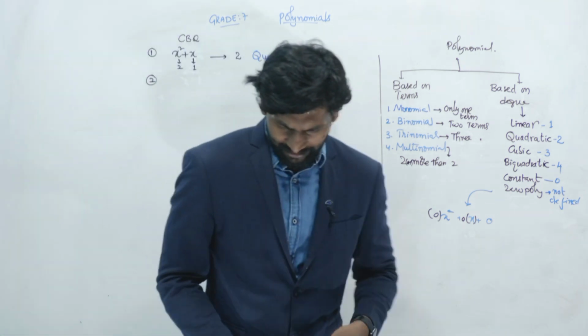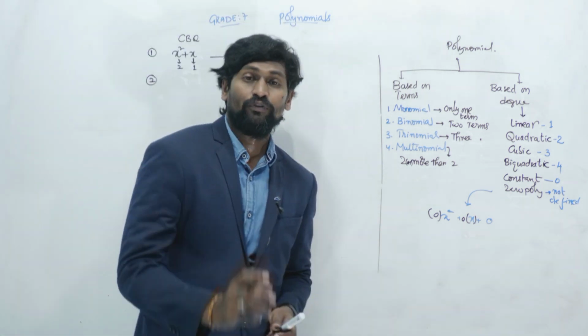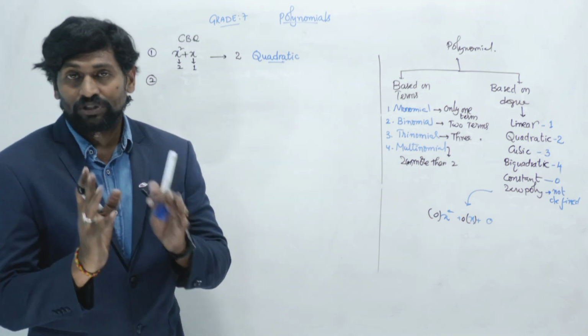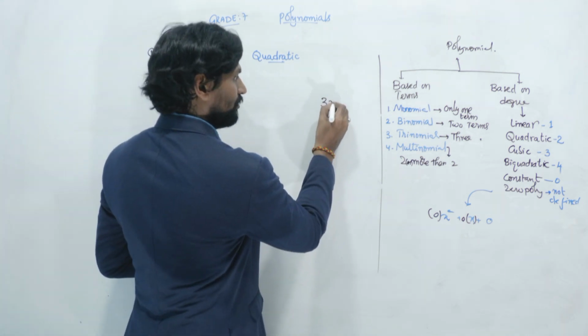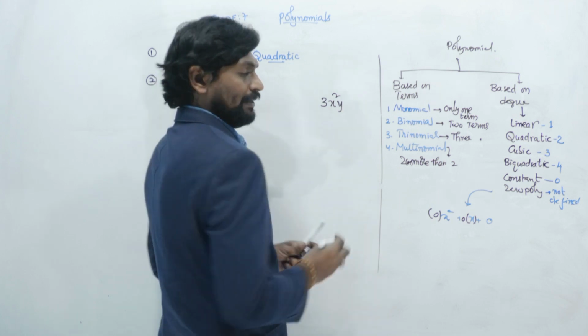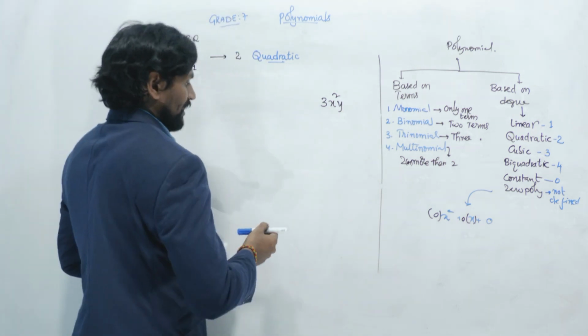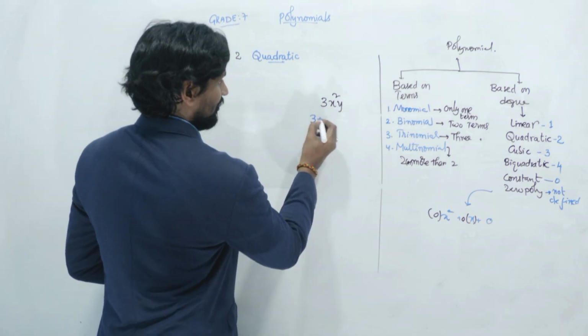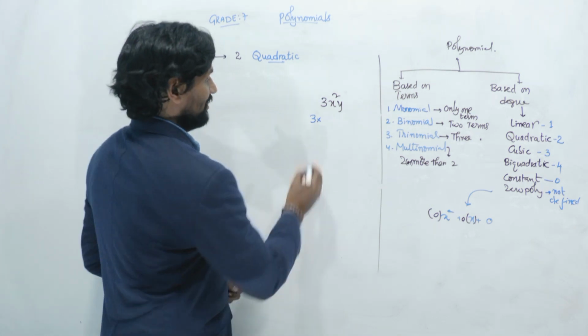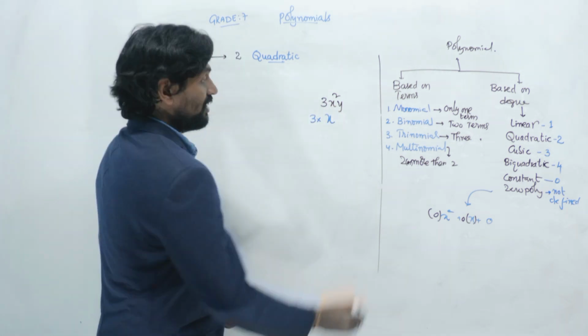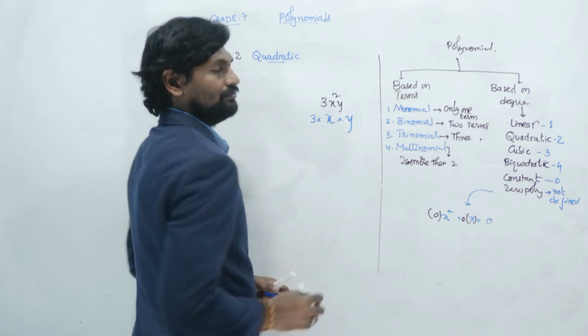The second question is about the literal factor. Before that, let us discuss the factors. For example, I am having a term like 3x square y. 3 is a numerical, x is a variable, y is also a variable.